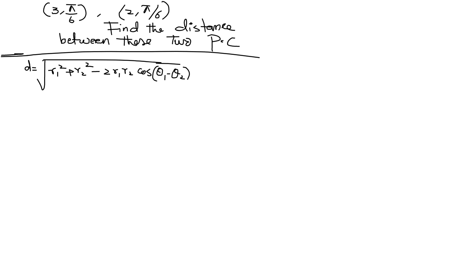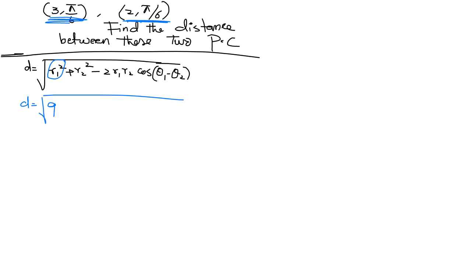Okay, so in this case, what is r1? This is the first point, this is the second point. r1 is 3. 3 square means 9, because we need the square.